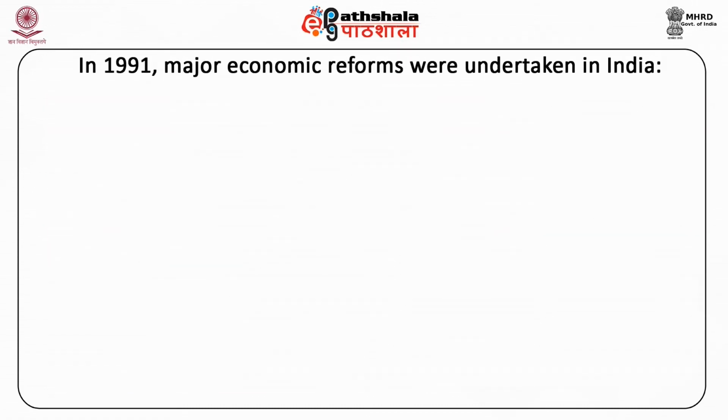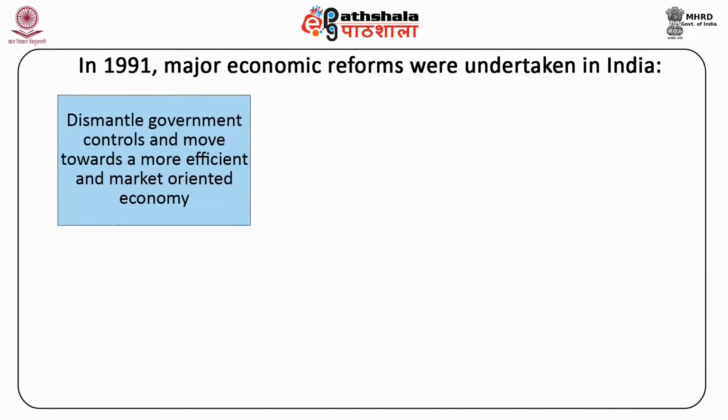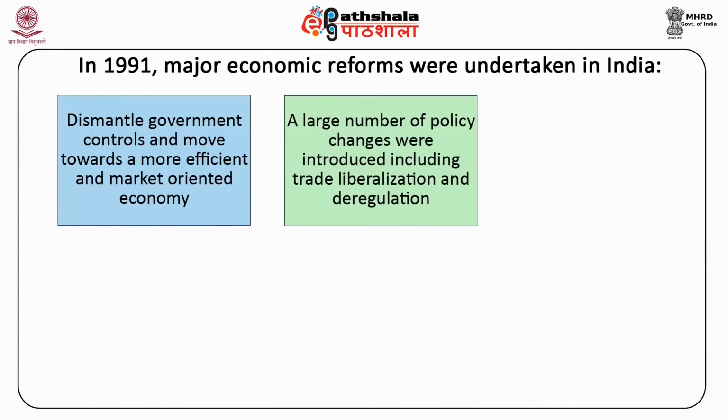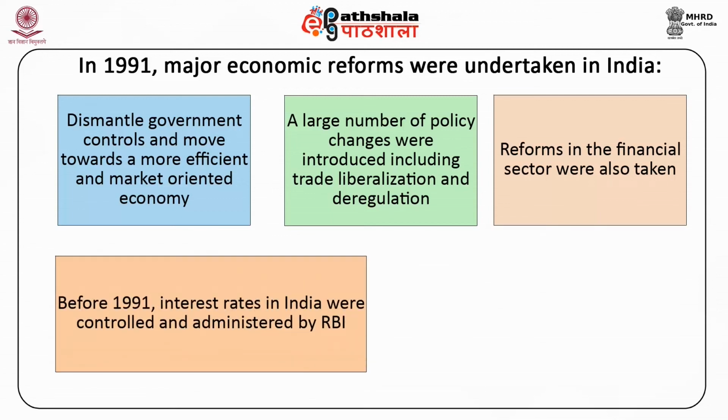In 1991, major economic reforms were undertaken in India to dismantle government controls and move towards a more efficient and market oriented economy. A large number of policy changes were introduced, including trade liberalization and deregulation. In addition, certain reforms in the financial sector were also taken. Before 1991, interest rates in India were controlled and administered by the RBI.